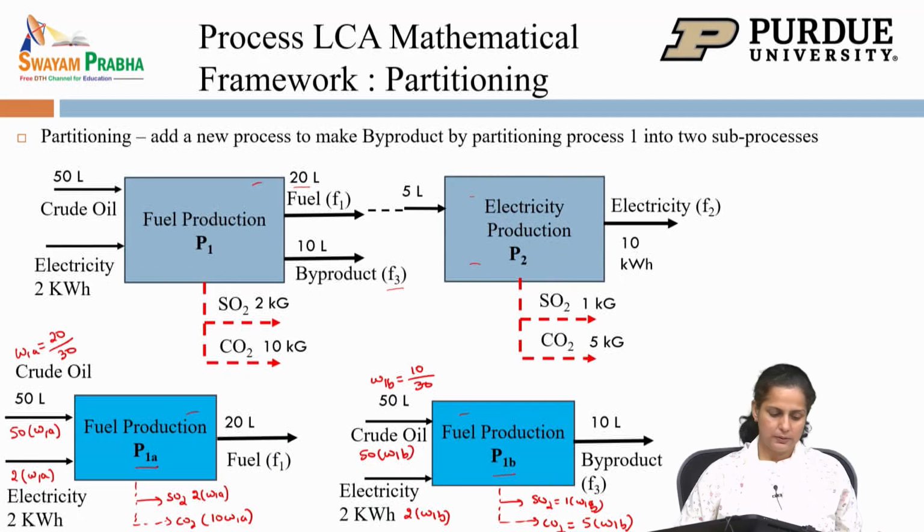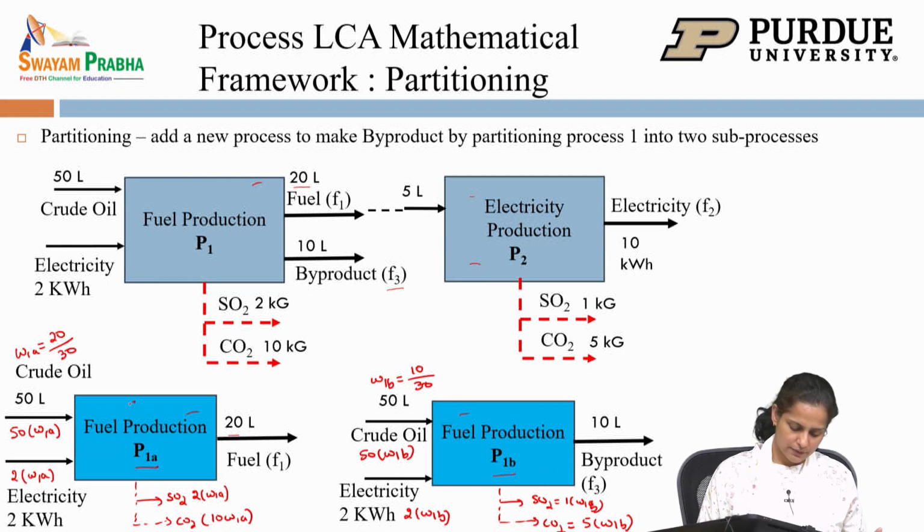So, we have our fuel as 20 times, this is being produced in the system, and we will have S1A, which is the scaling factor for the process 1A, and S1B, which is the scaling factor for process B. So, for the fuel it will be 20 times S1A minus whatever is being consumed, 5 times S2, and that is the whole thing that is being consumed.